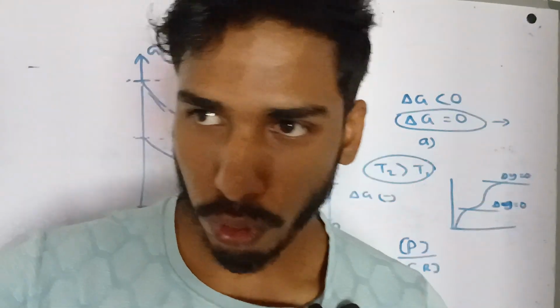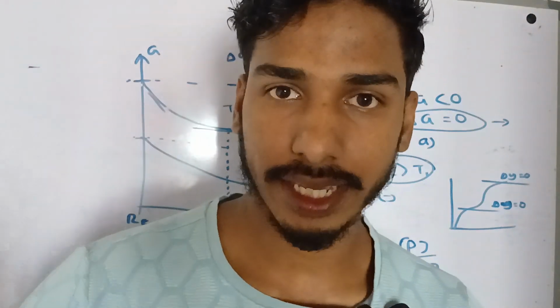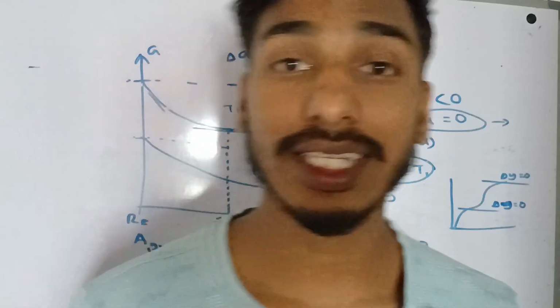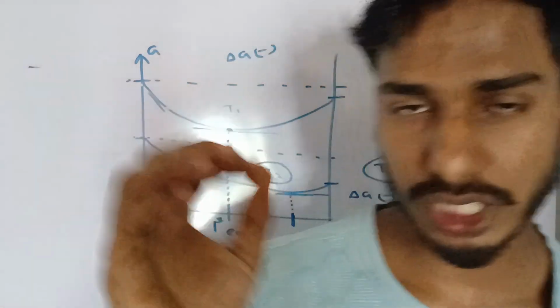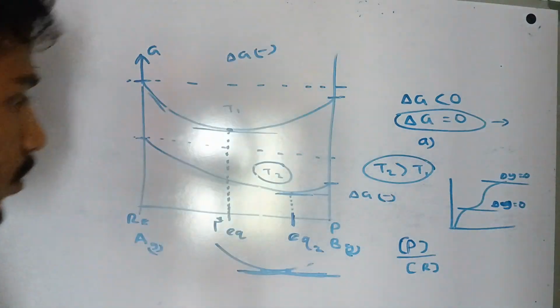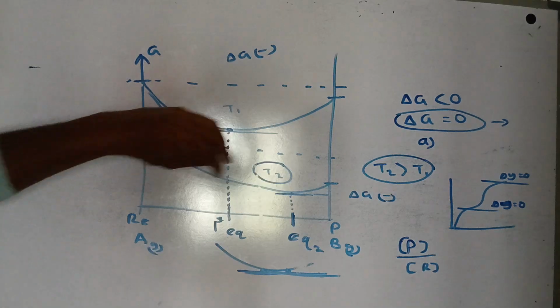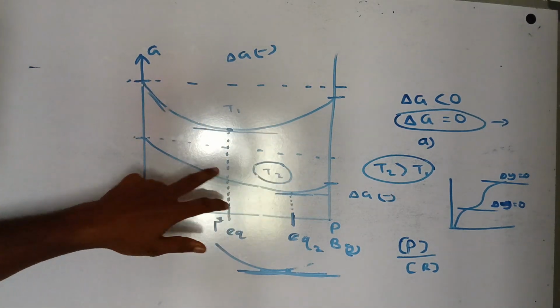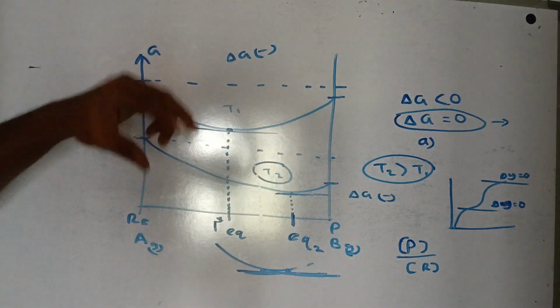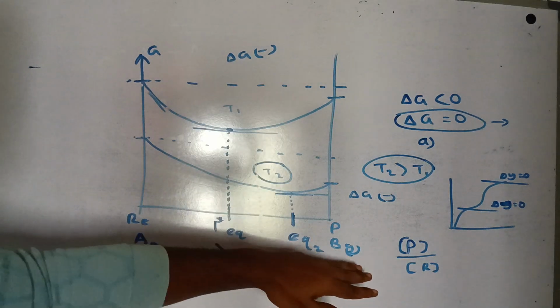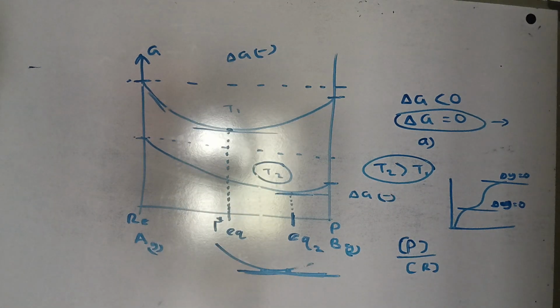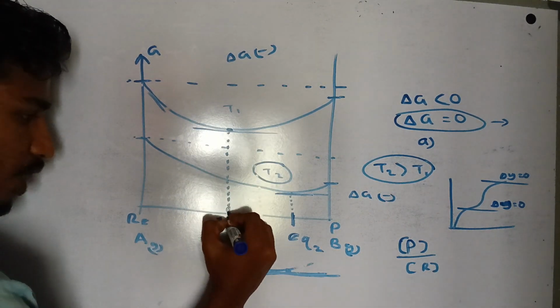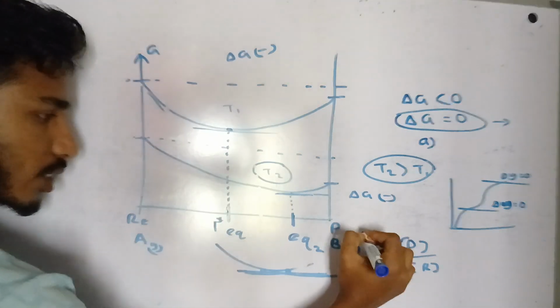You should understand that when the concentration of the product is increasing, our equilibrium constant is starting to rise, right? That's the logic you should understand. Now, as I said, in pathway 2, where the temperature is T2, it is more spontaneous to produce B. So even the equilibrium point has shifted more towards the product.